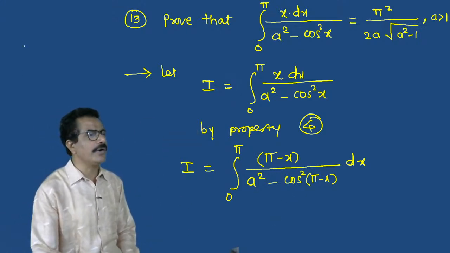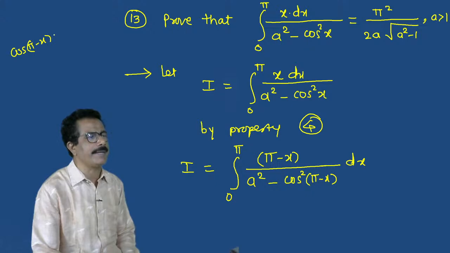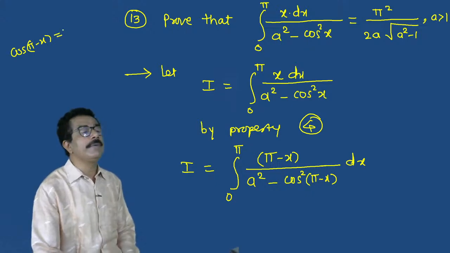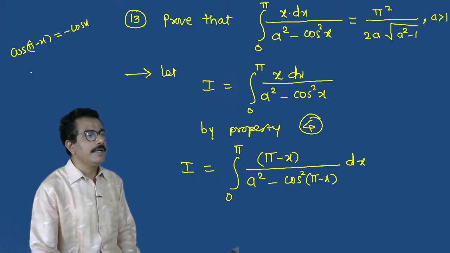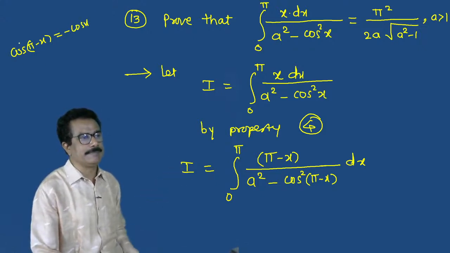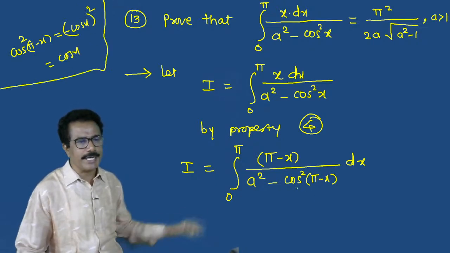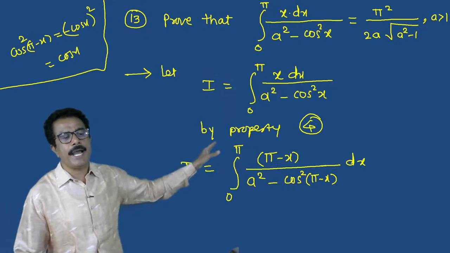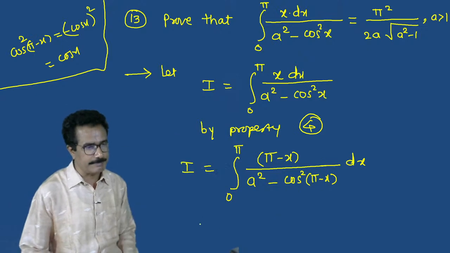Now what is the value of cos pi minus x here? Who can tell me? It will be minus cos x. But here it is squared, so cos square of pi minus x means minus cos x squared, that will be cos square x.